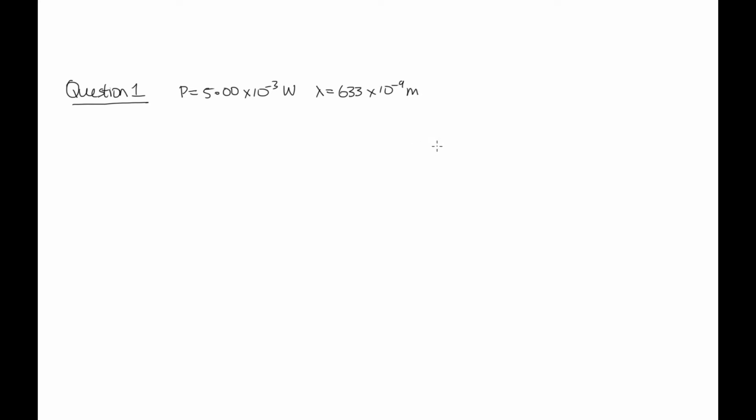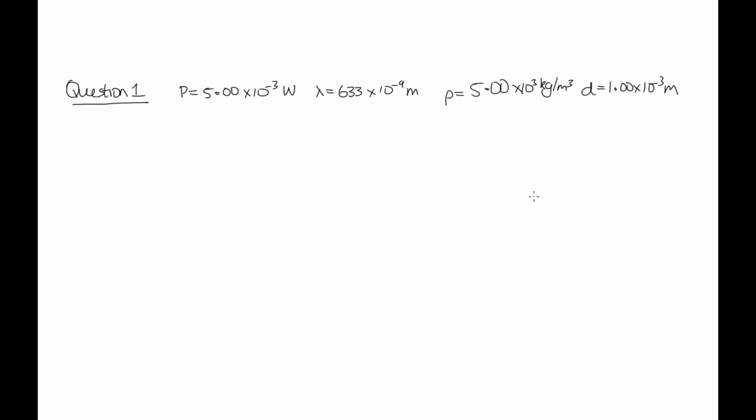And it's focused until its diameter is 1 millimeter, the diameter of a sphere placed in its path. And the sphere is perfectly absorbing and has a density of 5.00 times 10 to the 3 kilograms per meter cubed and a diameter of 1 millimeter.